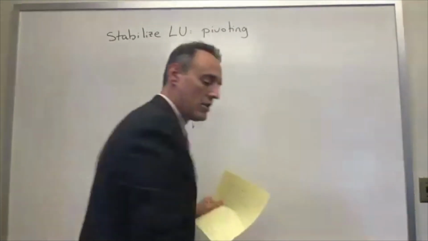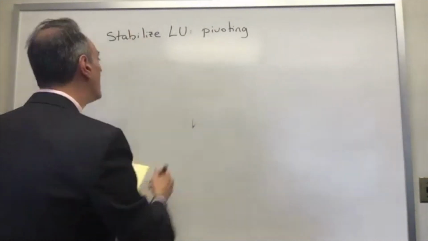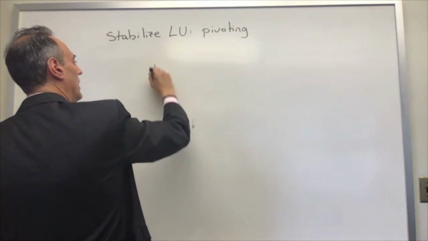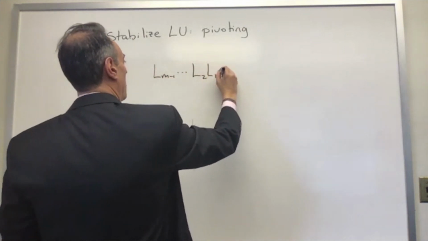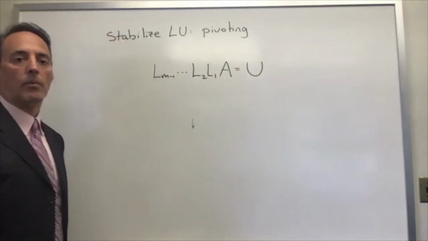Okay, so what does this mean in practice for us? If you remember what we had before for the LU, we had a sequence of matrix multiplies acting on A to get us into this upper triangular form.